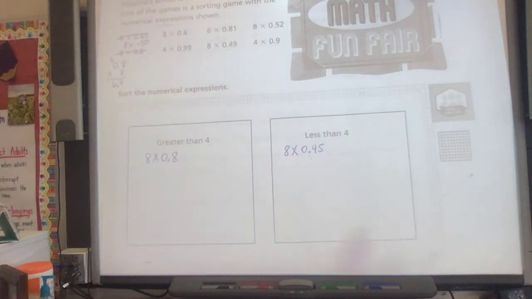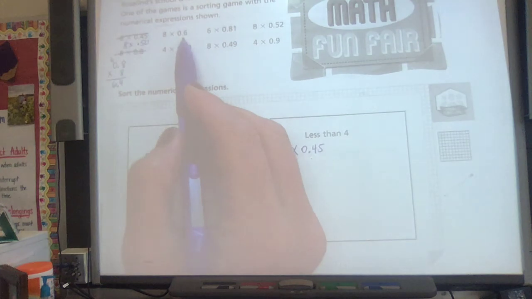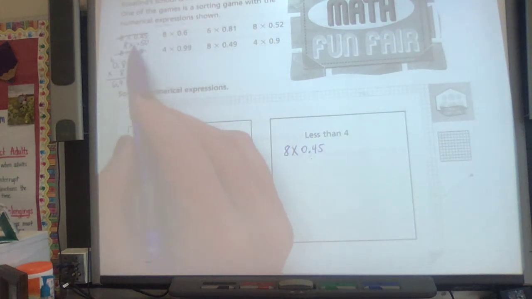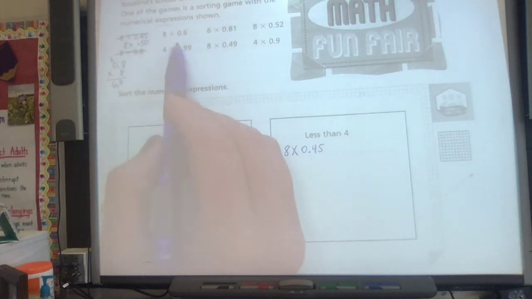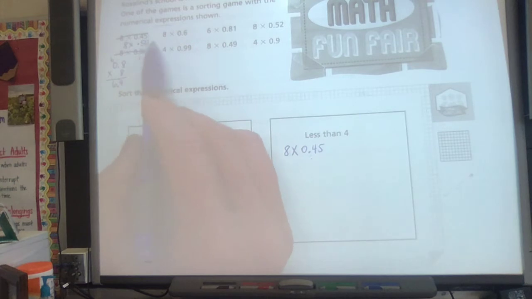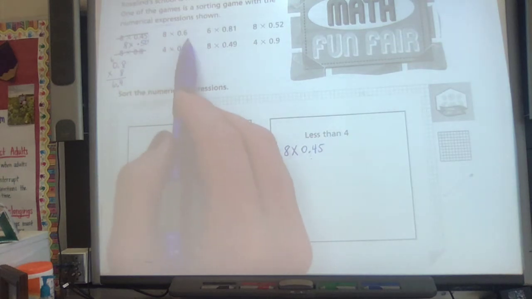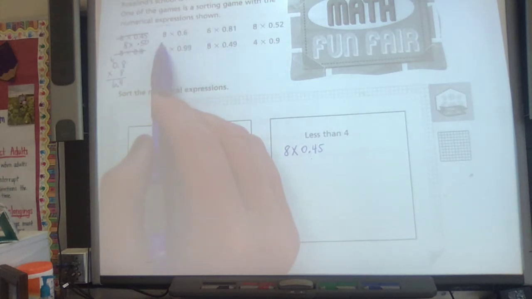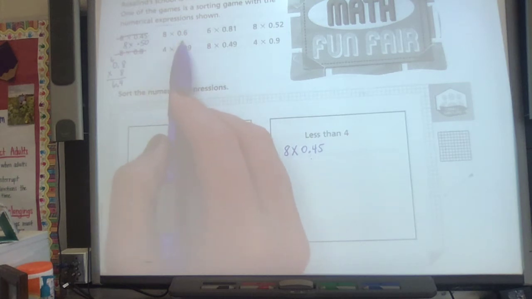All right, let's look at this one. 8 times 6 tenths. Now again, I'm going to think about it like I did with this one right here. Well, if I had 5 tenths or 50 hundredths and I did it 8 times, I knew that that was going to be 4.